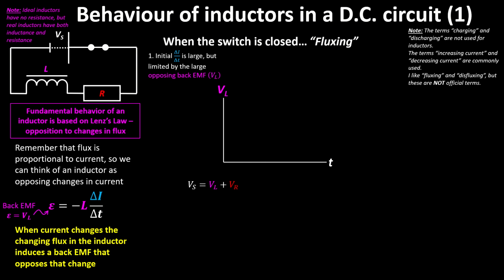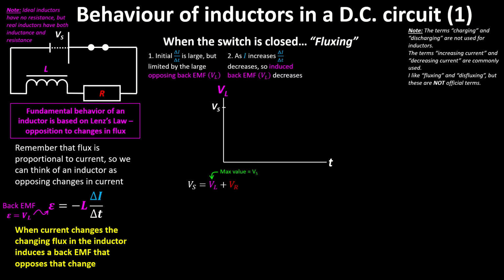We've got three components in that circuit: the power supply, the inductor, and the resistor. So the supply voltage must equal the inductor plus resistor voltages. So the maximum value that the inductor voltage can be is the supply voltage, and that will be the initial value.